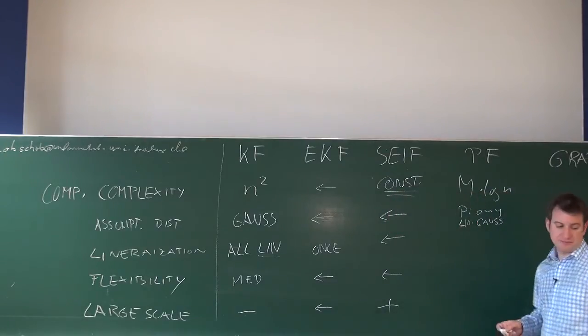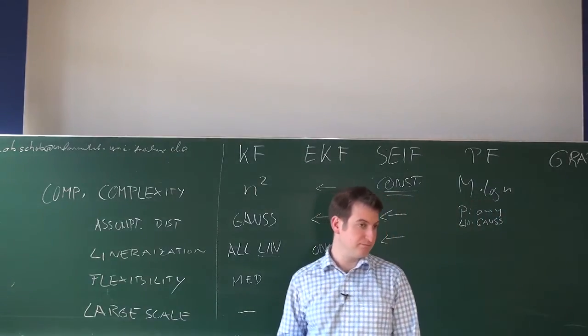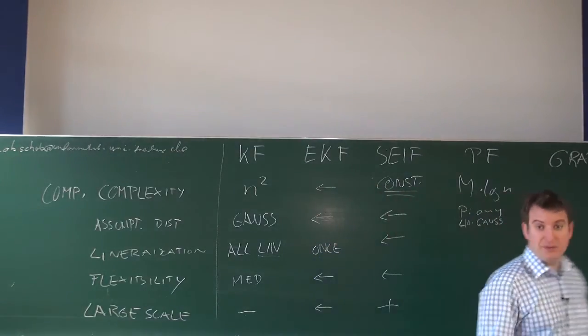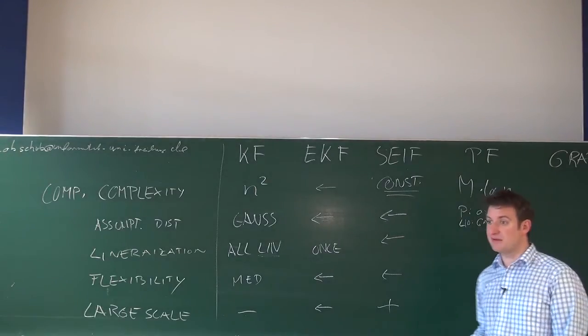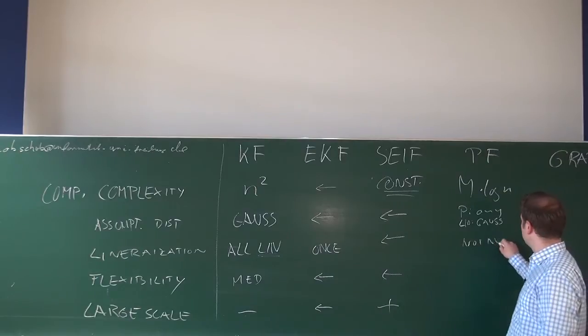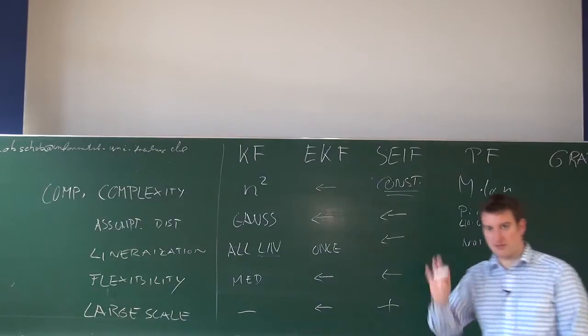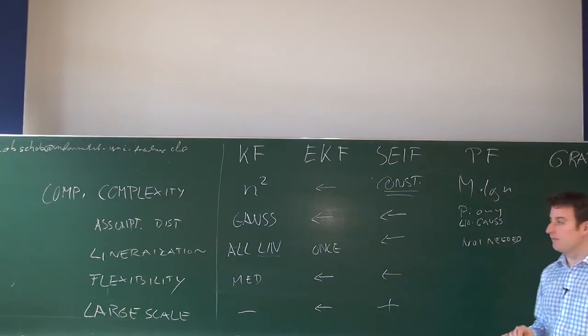What about linearization? Use sampling instead of linearization. I typically don't linearize in there because I can just have the propagated points, so I don't need the linearization. So not needed, at least for the poses. For the observations, it may be different. This depends on my implementation.